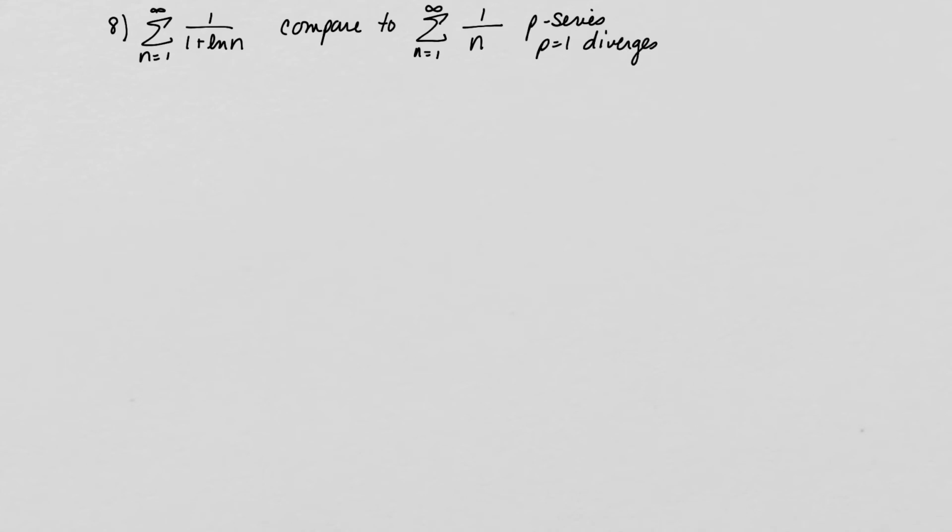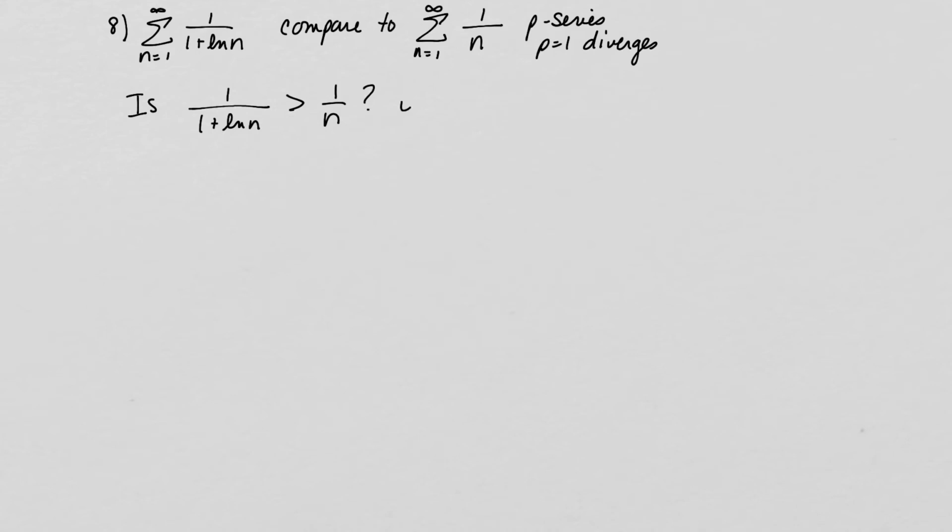I did make a mistake in using the limit comparison test on the solutions, so really, I'm just going to use the regular comparison test here. I want to compare 1 over 1 plus the natural log of n, and I want to know, is that going to be bigger than 1 over n?